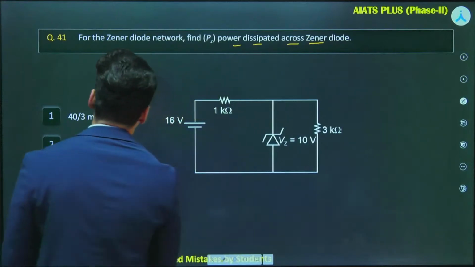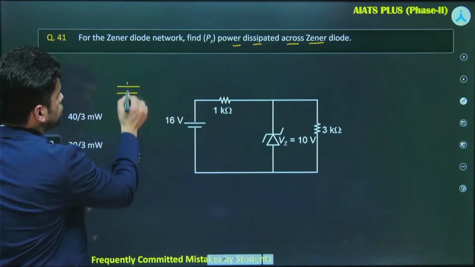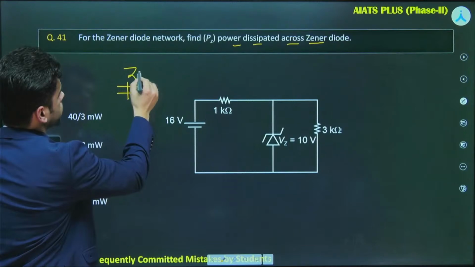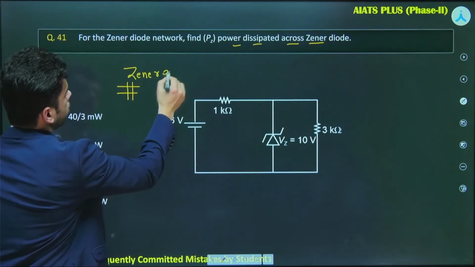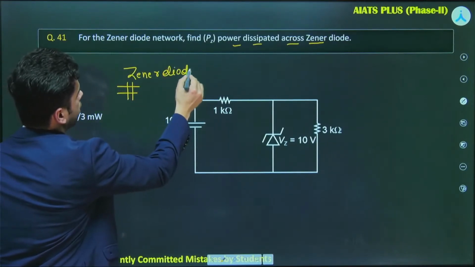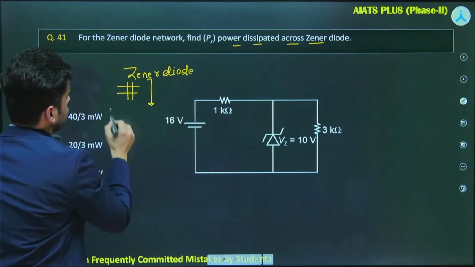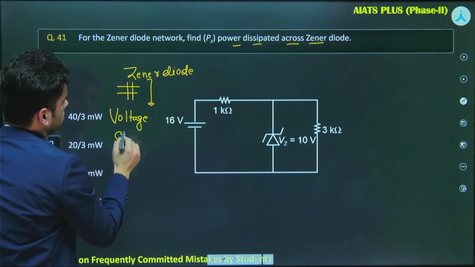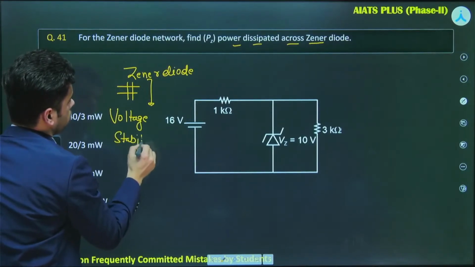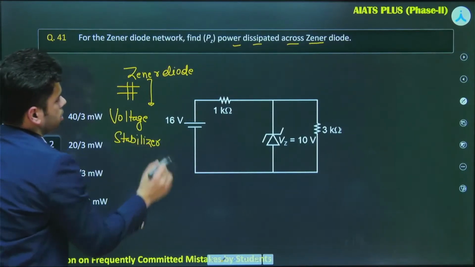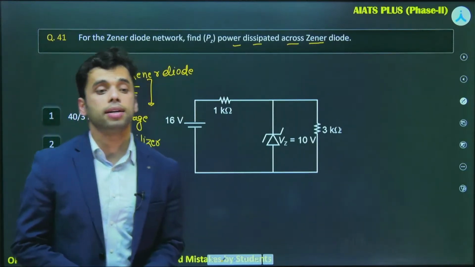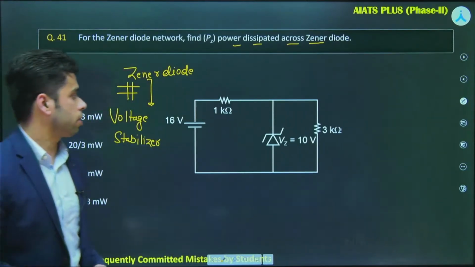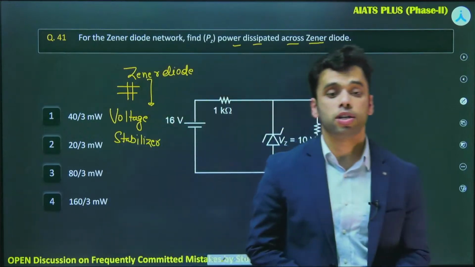Now, what is the concept involved over here? The concept involved over here is that the Zener diode will act as a voltage stabilizer. What is the meaning of voltage stabilizer?